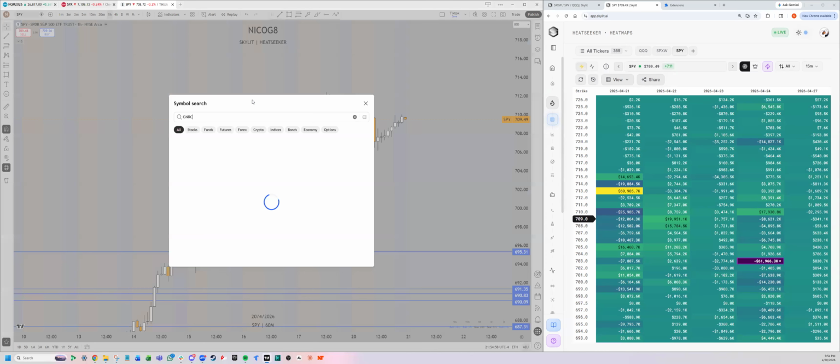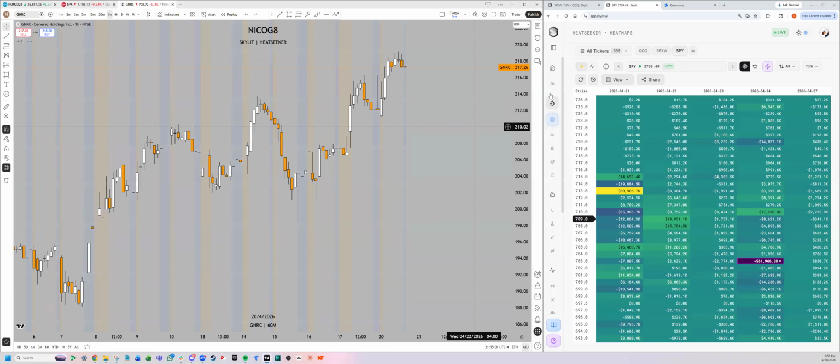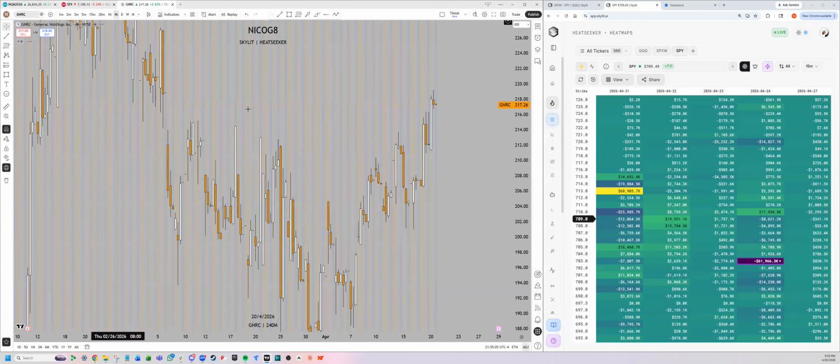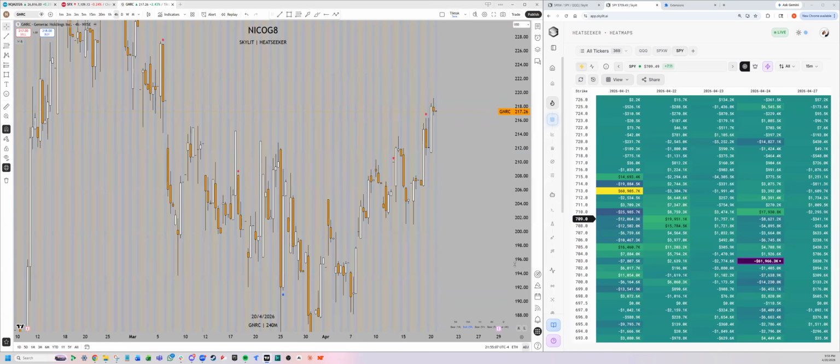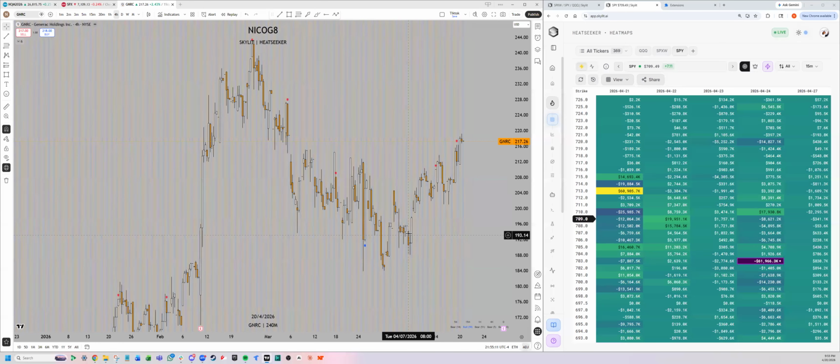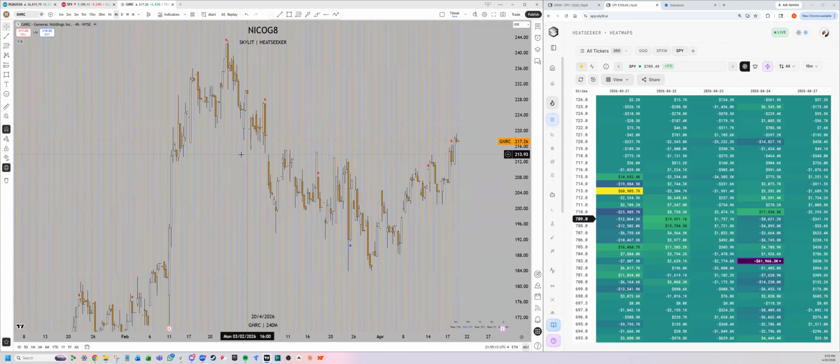Fill the gap. So I think GNRC and KDEF are not on Heatseeker, but I can go ahead and chart them. Let me see here. It looks like GNRC tested this level quite a few times. It looks like it finally broke above though, right? Broke above, retested.